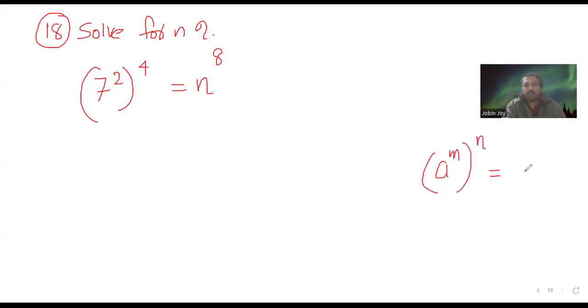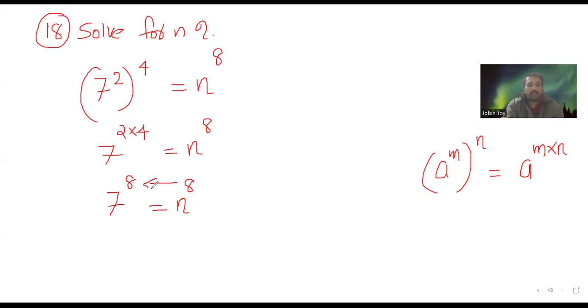What is a raised to m, the whole raised to n? A raised to m into n. So that means 7 raised to 2 into 4 equals n raised to 8. So 7 raised to 4 into 2, 8, equals n raised to 8. So check the value of the power, same, so that I can equate the base. So n is equal to 7.